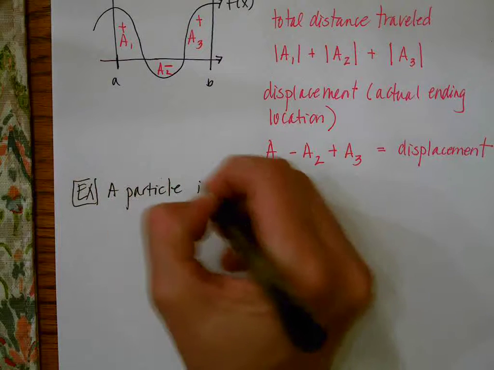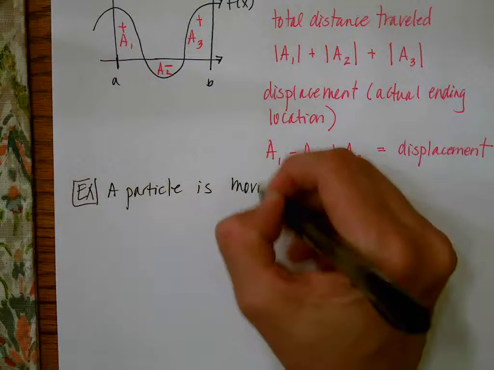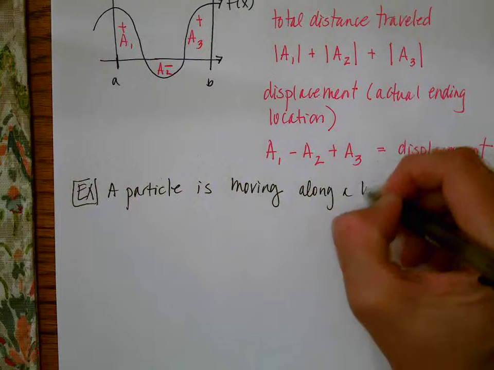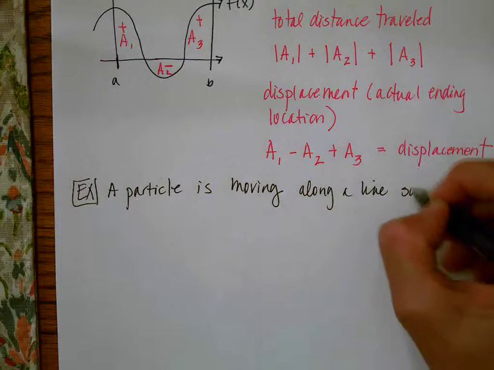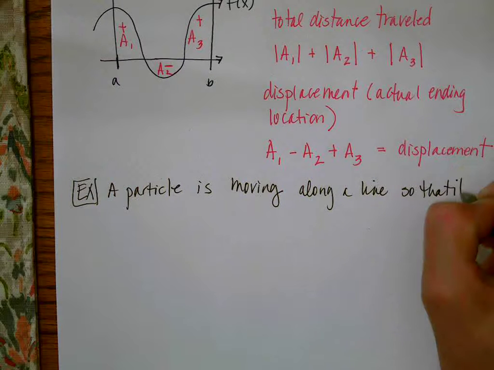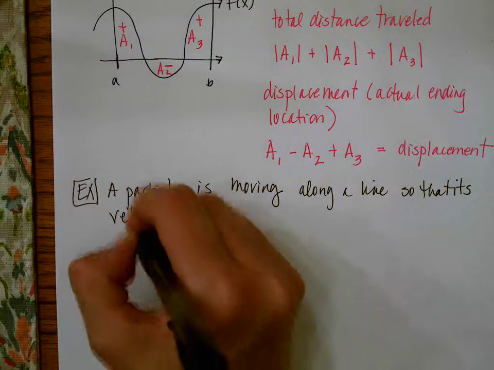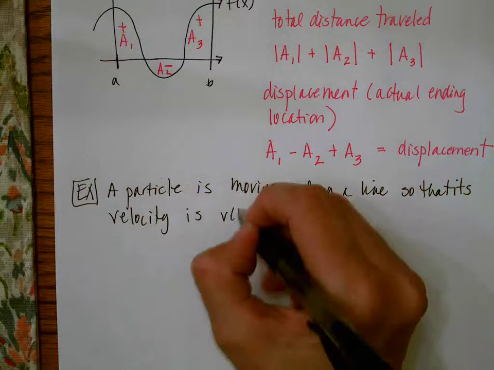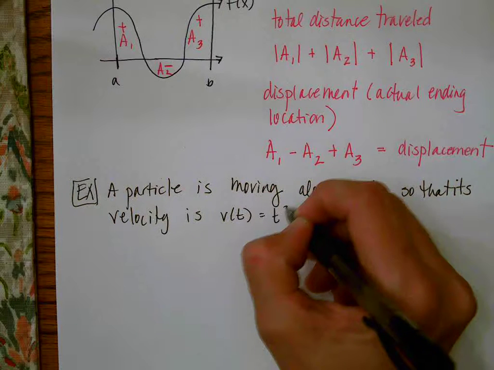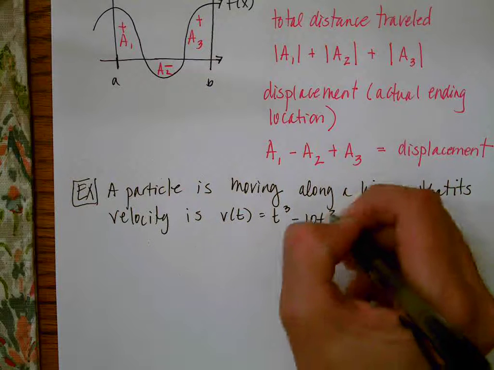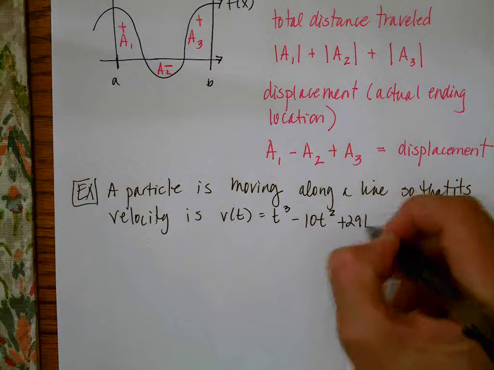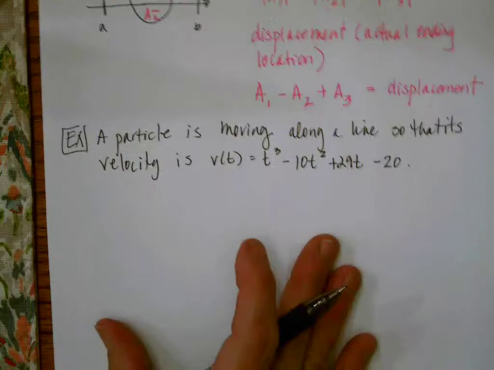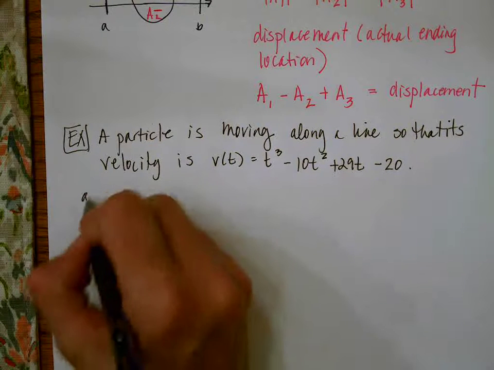So if I have a particle moving along the line so that its velocity is going to be v of t is equal to t cubed minus 10t squared plus 29t minus 20.